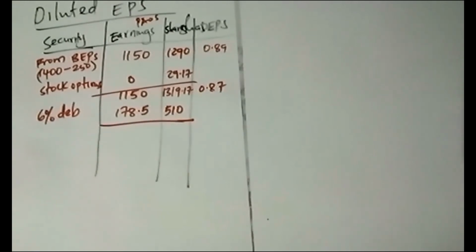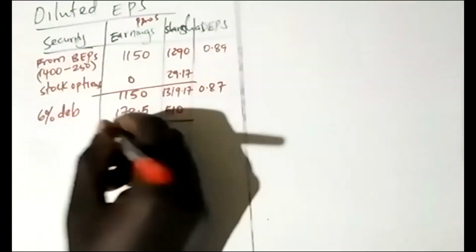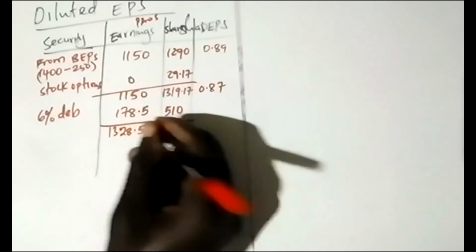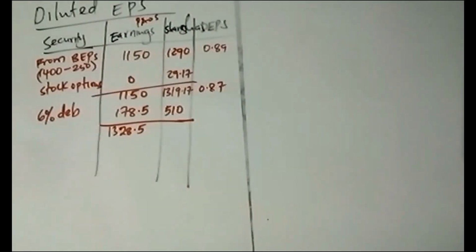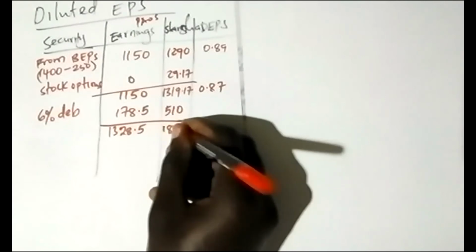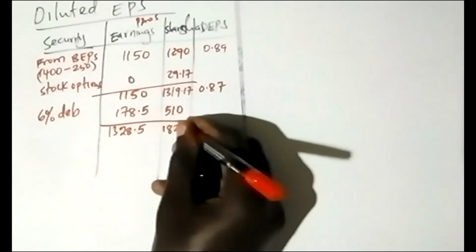Obviously it will increase your earnings, and at the same time the shares will increase. So 1150 plus 178.5, getting 1328.5. Then plus 510, that is 1829.17.